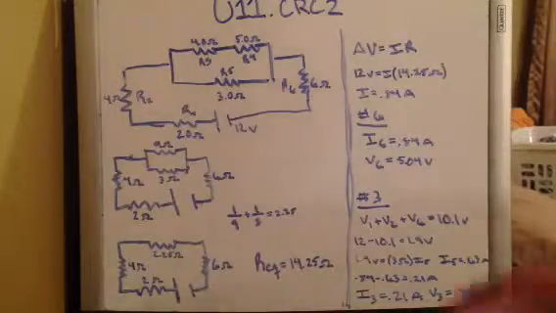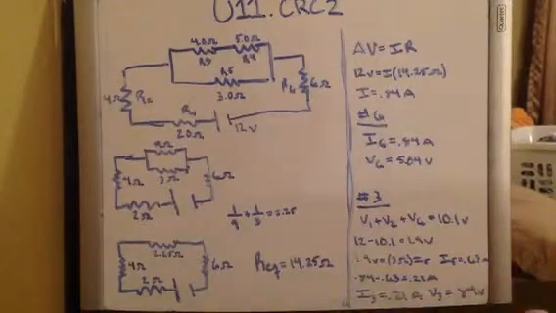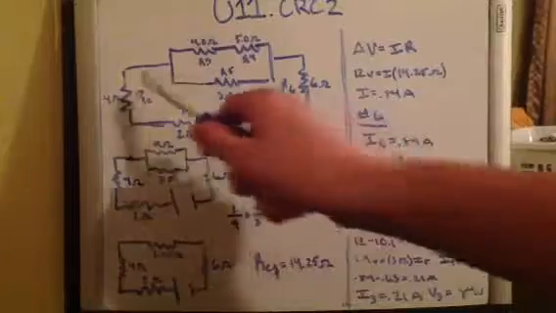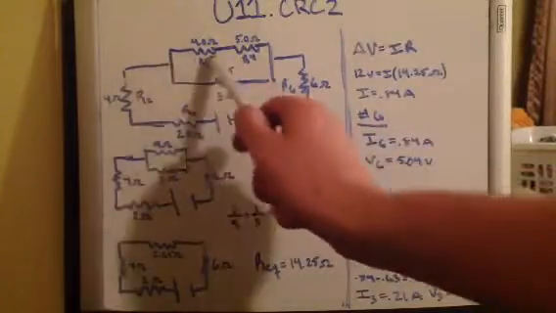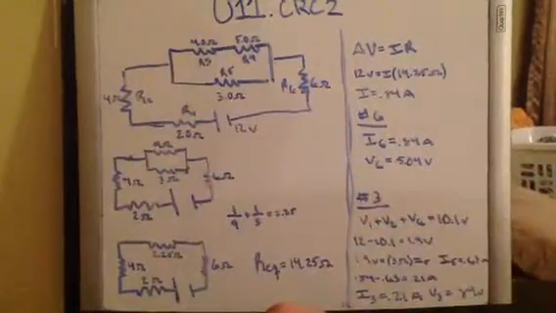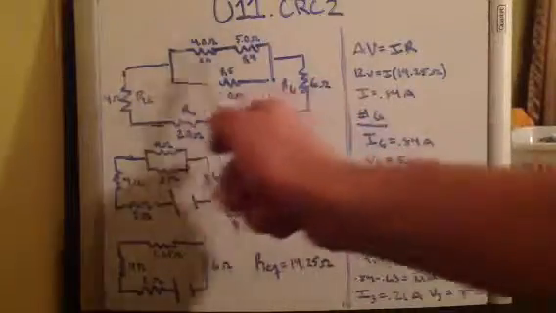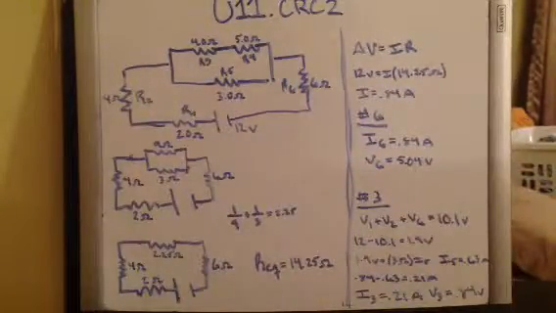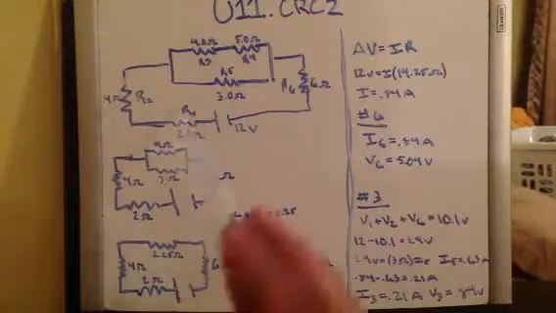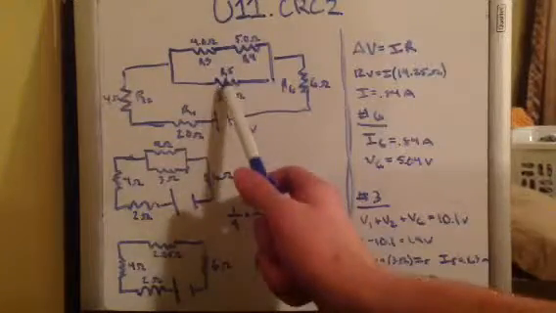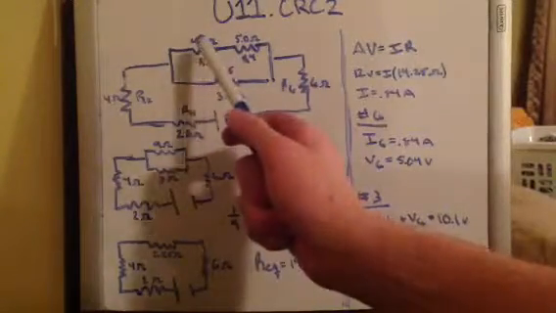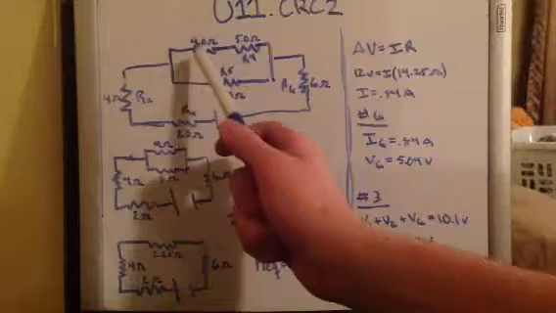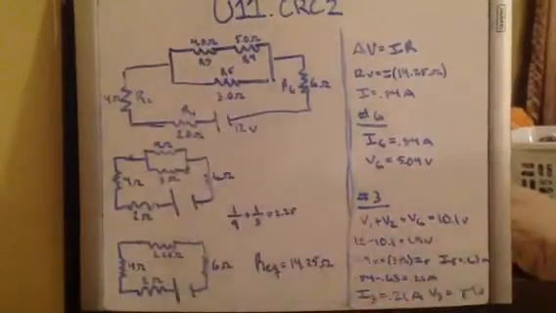We know that there is 0.84 amperes going into this series of resistors here. So if there's 0.63 amperes here, it means that there's 0.21 amperes going through resistor 3.